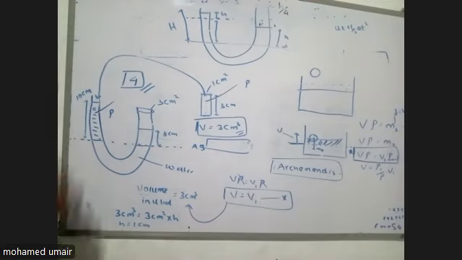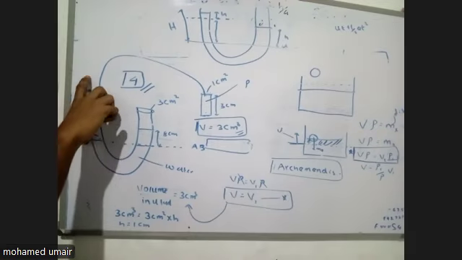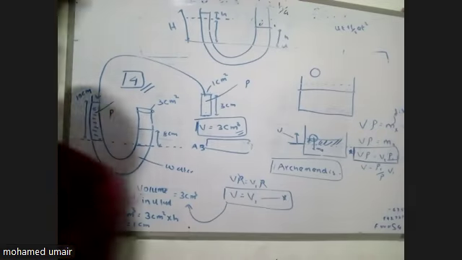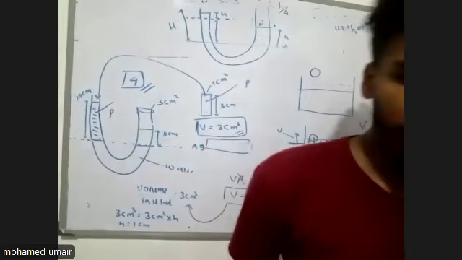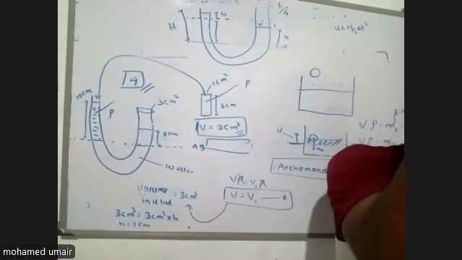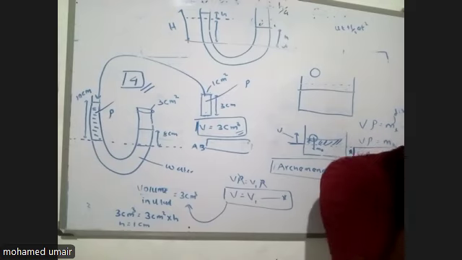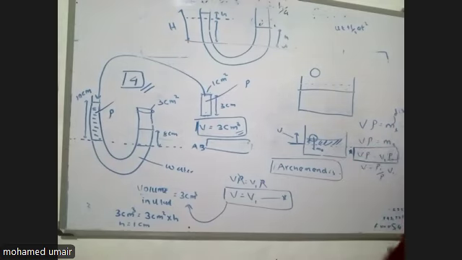Initially it was at 10. Now the height will be 11. That's the only difference. Did you get that point? If you are okay, I can move to the next one.